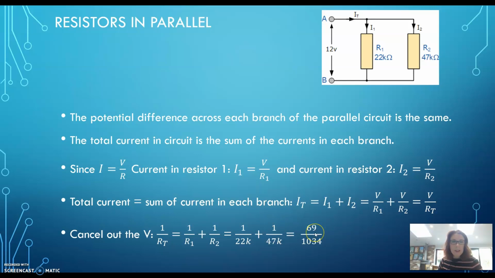That comes to 69 over 1034. But this value here gives us 1 over RT. So you have to do the reciprocal to get the actual RT. So you have to flip it the other way to get RT.